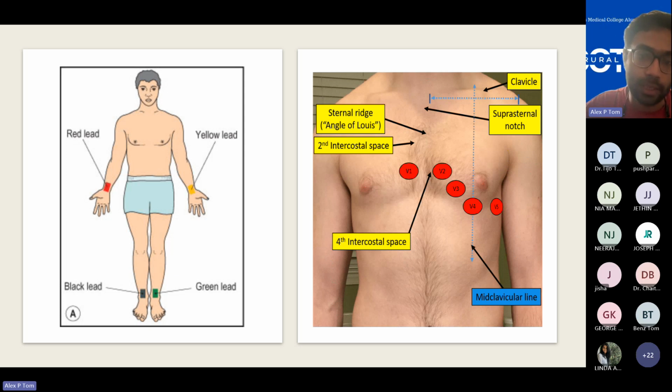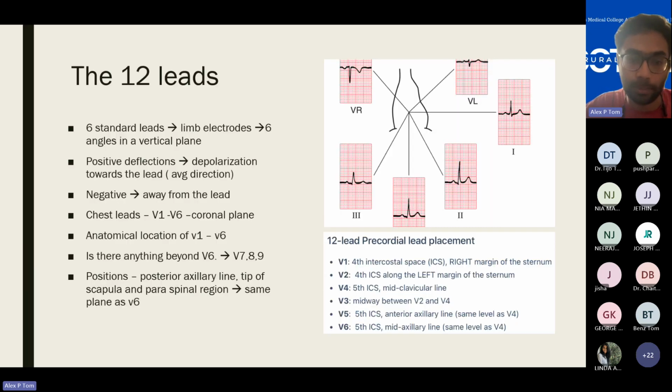And then you place the V3 midway between V2 and V4. So just to recap again, fifth intercostal space, V5 and V6, and then V3 midway between V2 and V4, V4 in the fifth intercostal space, mid-clavicular line.